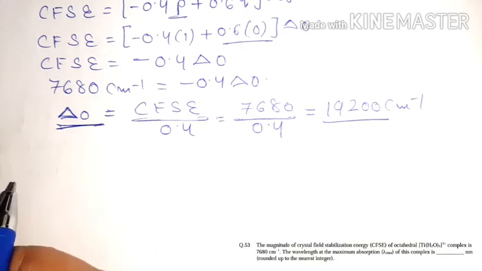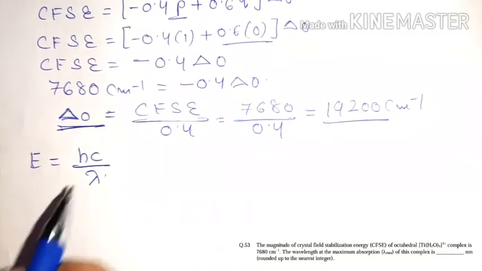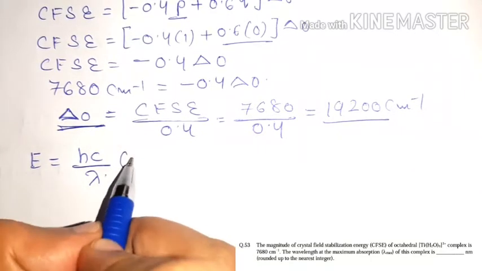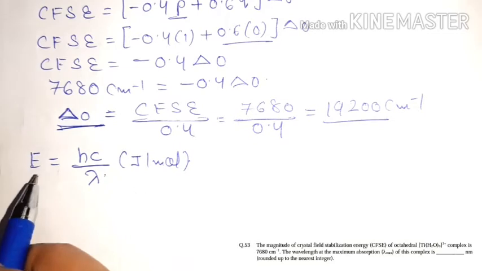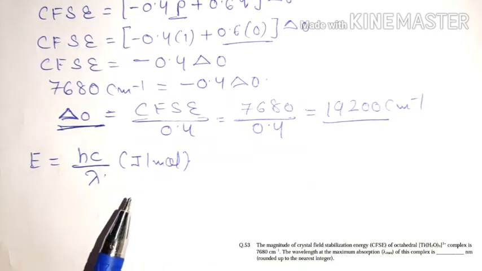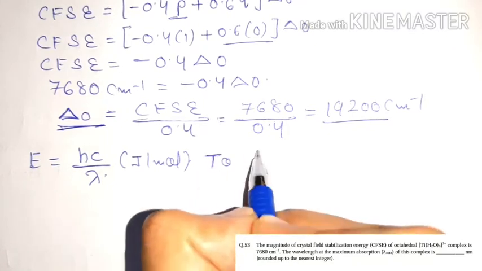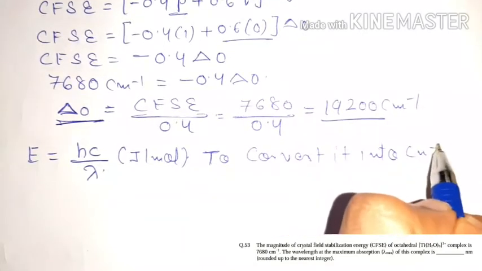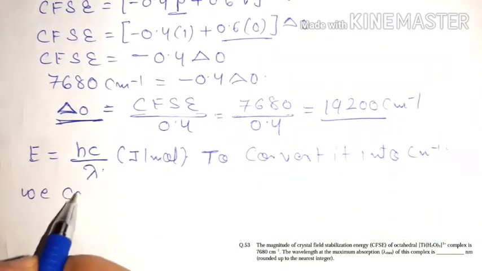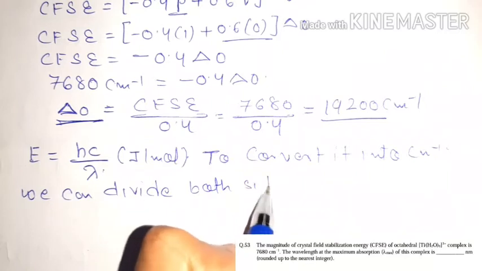So we know the relation between energy and wavelength, that E is equal to hc upon lambda. Okay, and this relation is in joule per mole. Here energy is in joule per mole. So first you can convert this energy into centimeter inverse, and to convert energy into centimeter inverse we can divide both sides by hc.